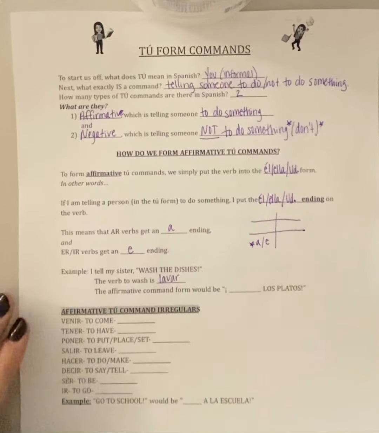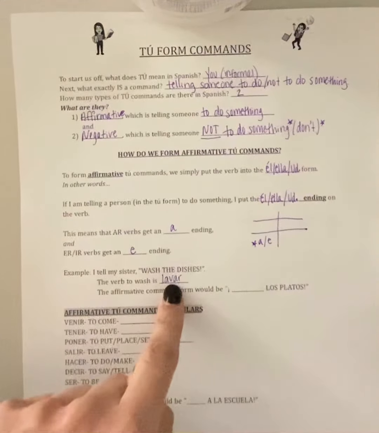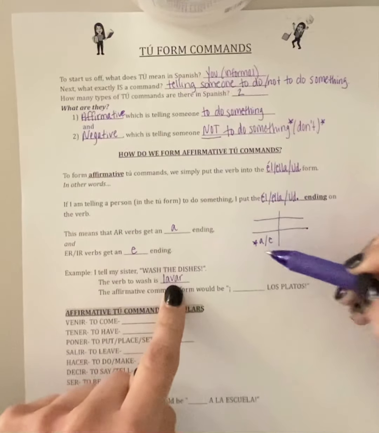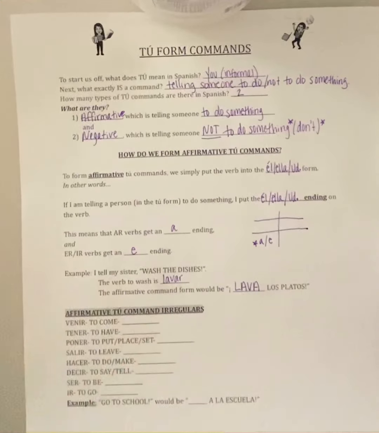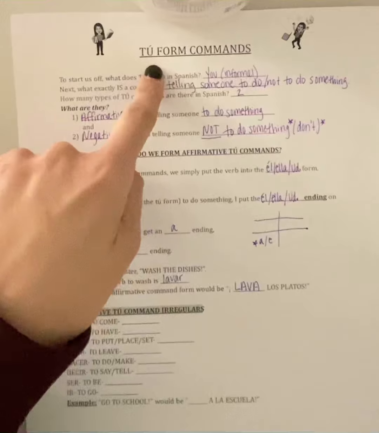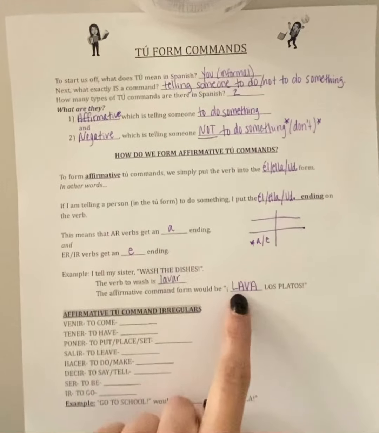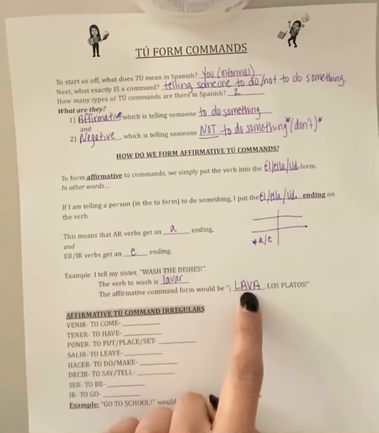If I wanted to give her now in Spanish the same command, wash the dishes, I take the verb lavar, meaning to wash, and I put the él, ella, usted form ending on it, which is simply an A. So I would say lava los platos. Oye, Kenzie, lava los platos. Now I'm saying to her the tú form, because I'm saying, hey, Kenzie, you wash the dishes, lava. That's how we form the command.